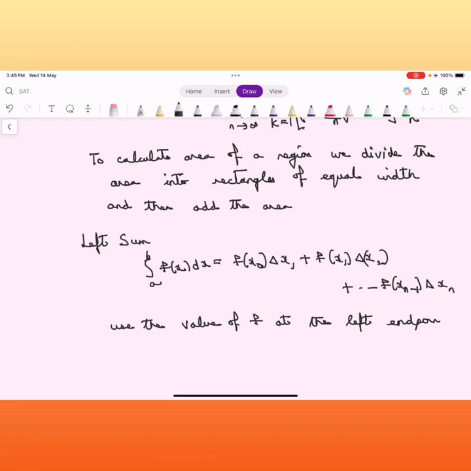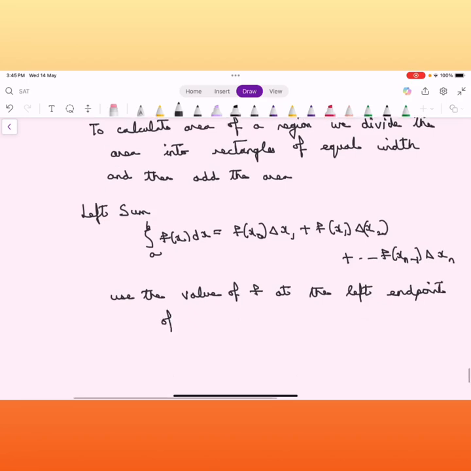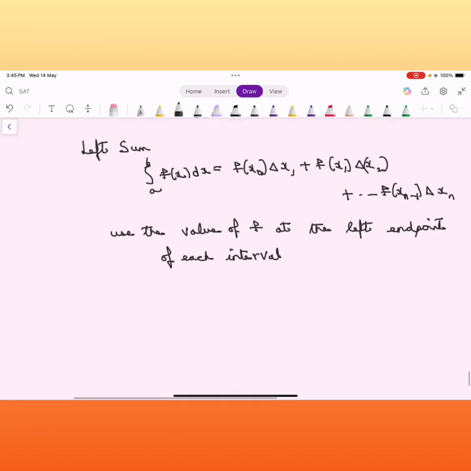That's why it is called the left sum, at the left endpoint of each interval. So that would also mean if you have the area here, we can divide it into rectangles, calculate the value here, then again calculate the value at this point, and at this point, and so on. So this is the left sum.